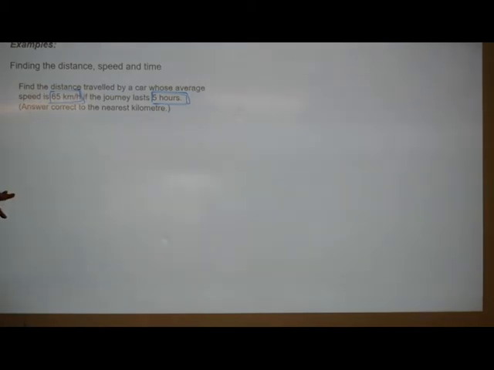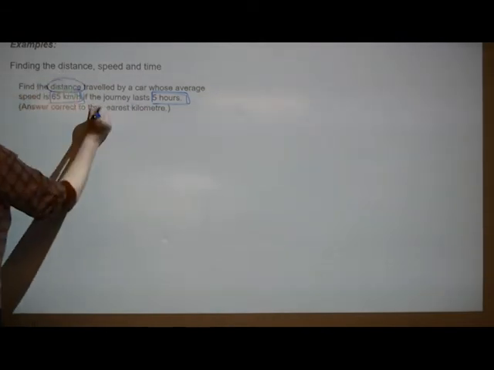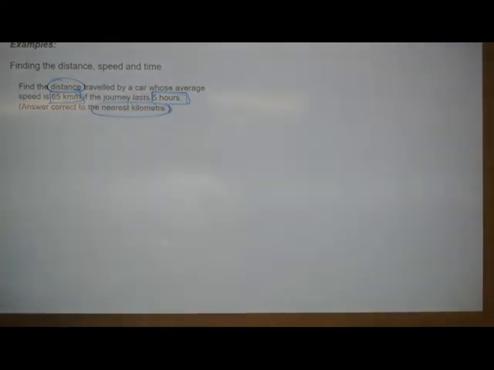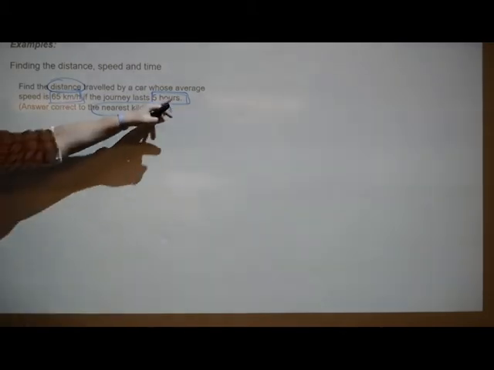Can't do this question without those bits of information. We're finding the distance, we need these, and this is the accuracy we want. So there are four important things that we need from that question. The rest of it is pretty superfluous. It's a little bit like fluff and waffle. But they're the important bits. We want to find the distance. There's our speed. There's our time.